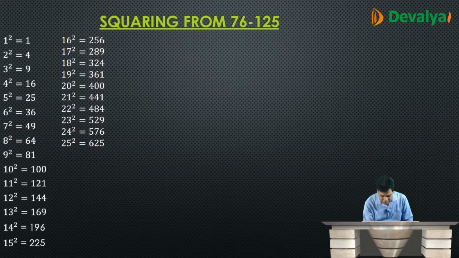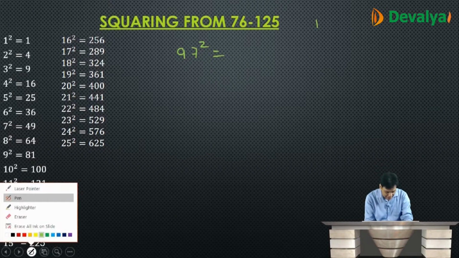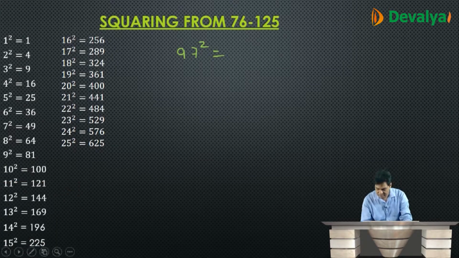So for example, if I am going to calculate the square of 97, I took the base as 100.